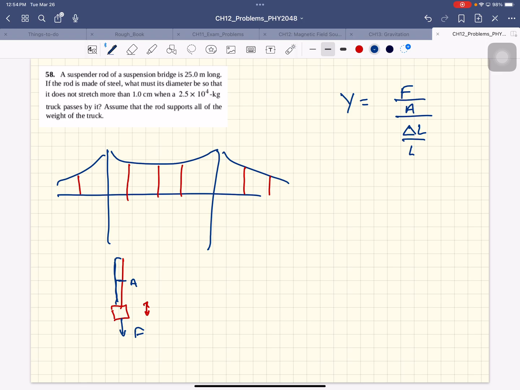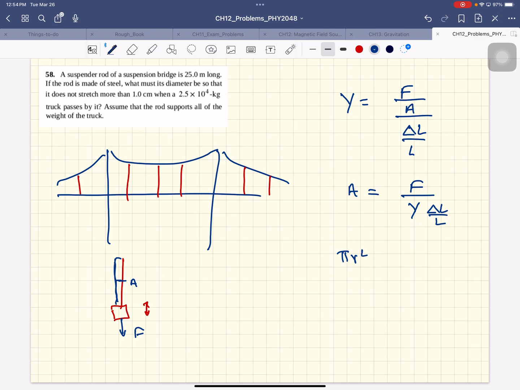So area is equal to F over Y delta L over L. Okay.